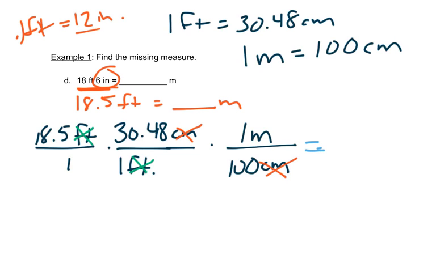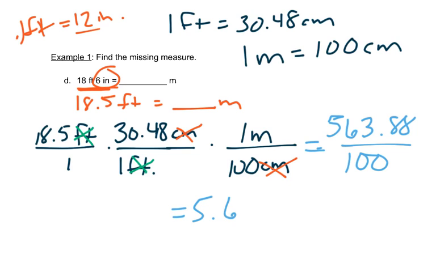And we can multiply straight across. 18.5 times 30.48 gives us 563.88. 1 times 1 times 100 is 100. So we'll divide that 563.88 by 100. And we have 5.6388. We have meters now.